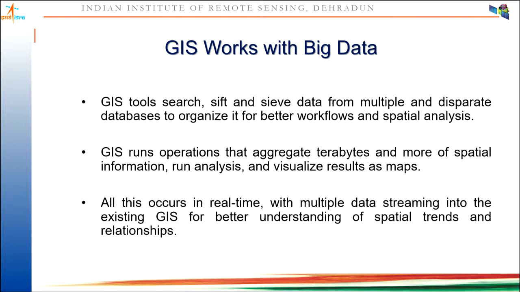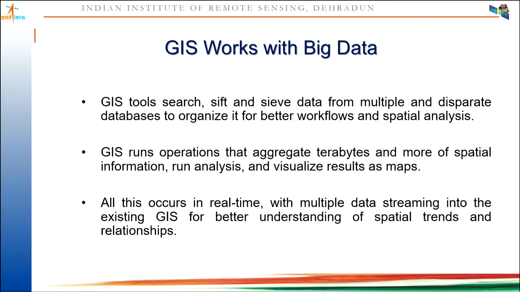GIS runs operations that aggregate terabytes and more of spatial information, runs analysis and visualizes results as maps. All this occurs in near real time or real time, with multiple data streaming into the existing GIS for better understanding of spatial trends and relationships. So these are the typical basic characteristics showing that GIS works with big data, and a number of applications can be built using this data set.